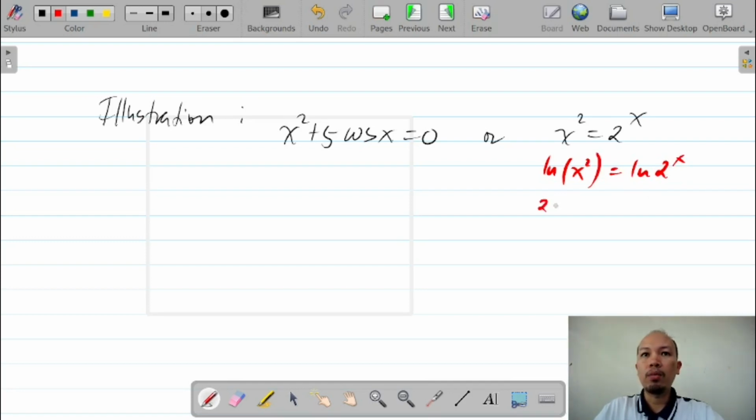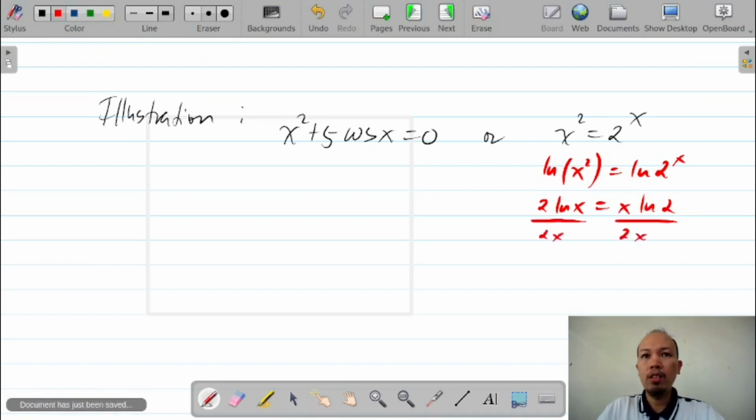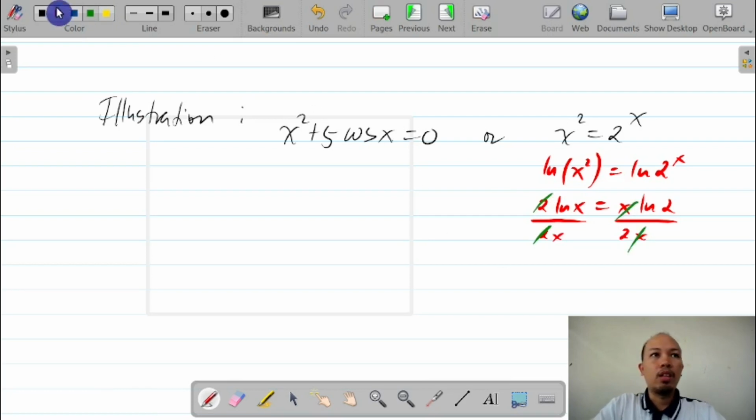So you have 2 ln x is equal to x ln 2, and then you can divide both sides by 2x. From here you can cancel out, and you will have ln x over x equals ln 2 over 2.